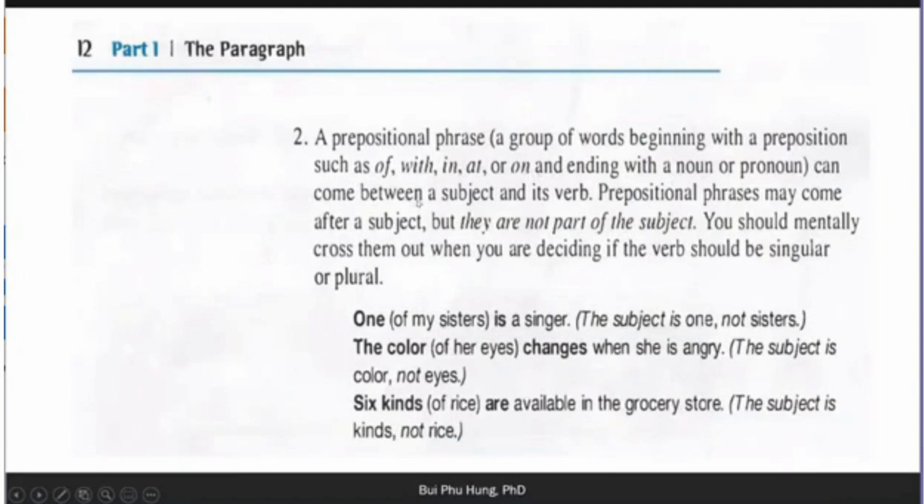It can come between a subject and its verb. Prepositional phrases may come after a subject, but they are not part of the subject. You should mentally cross them out when you are deciding if the verb should be singular or plural.